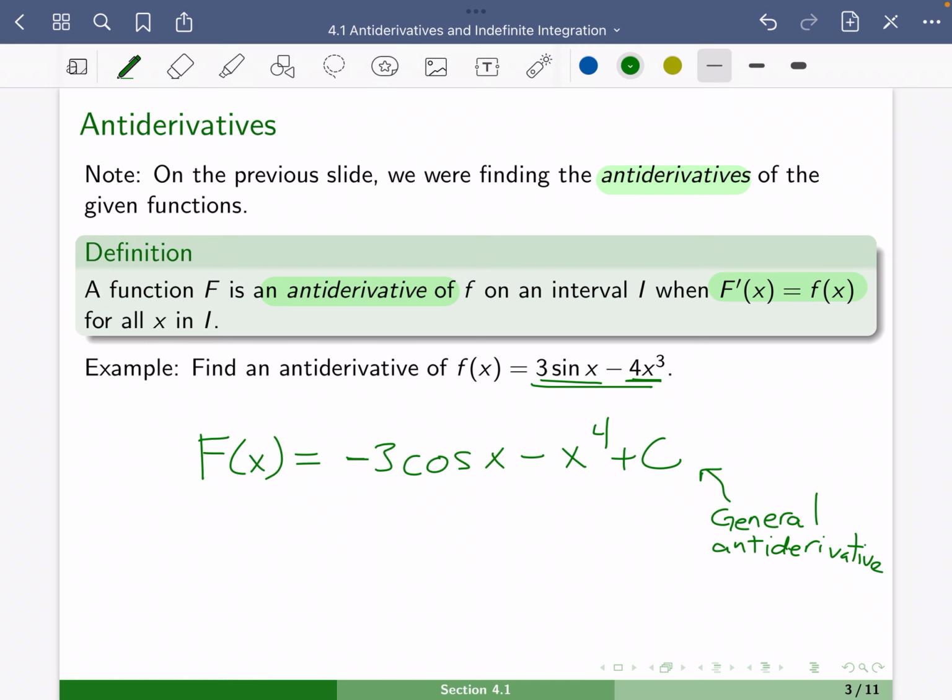If we were to find a specific antiderivative, you might have something like f of x equals negative 3 cosine x minus x to the 4th, maybe plus 7. This is saying we have a very specific function. But we would need more information in order to determine that's the specific function we're trying to find. Eventually we'll get there. But that's a specific antiderivative.